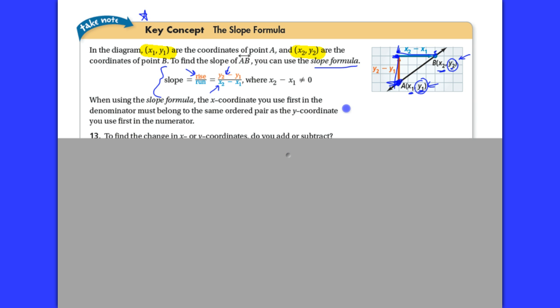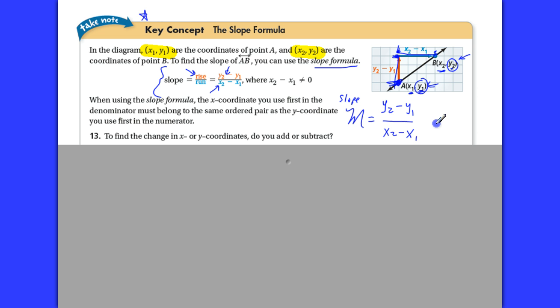Now, the letter M that I just drew right there often stands for slope. So slope is found by subtracting the two y values and dividing by the difference of the two x values, just like that. The only condition is that this does not end up equaling 0 when you're done, because you can't divide by 0.